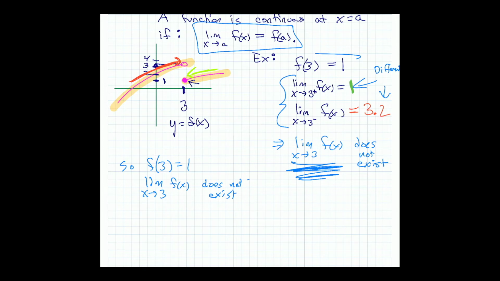So, I mean, look at that information there. You need them to be equal, but one is 1 and one doesn't exist. So we just conclude that this function is not continuous at 3. Therefore, not continuous at 3.